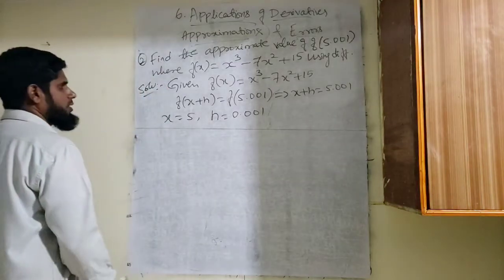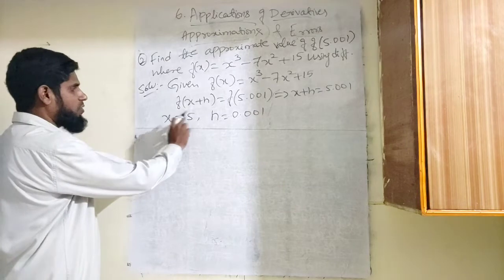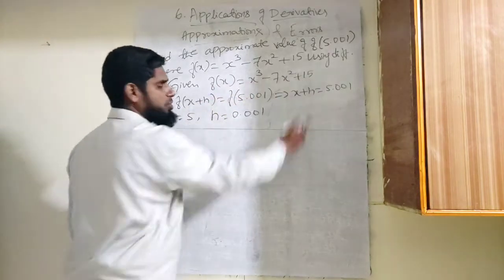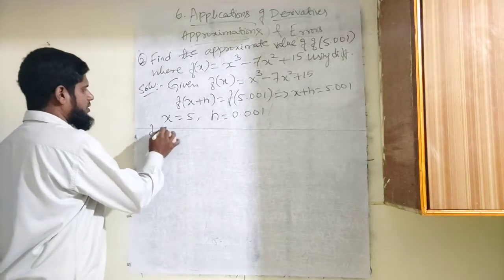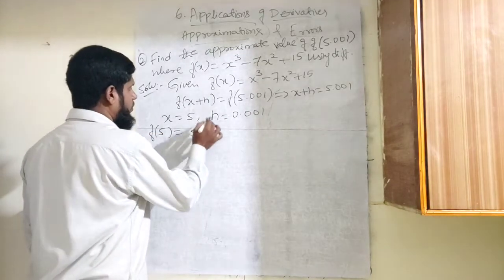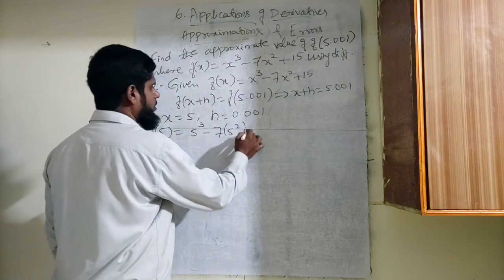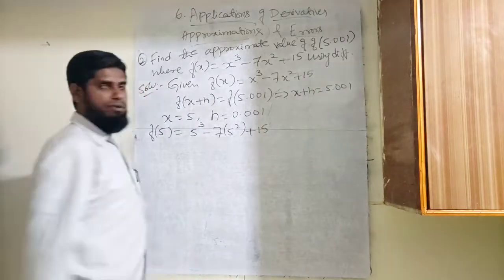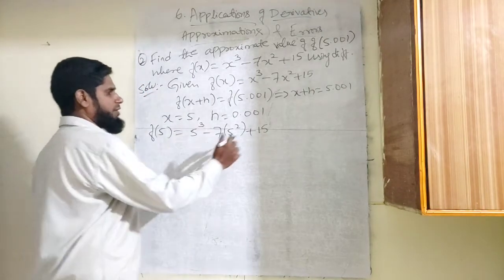Next, let us substitute this value of x in this function. So f of 5 is equal to 5 cube minus 7 into 5 square plus 15. So what is 5 cube?